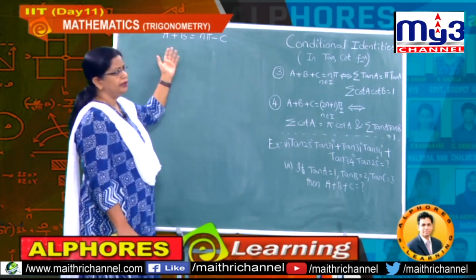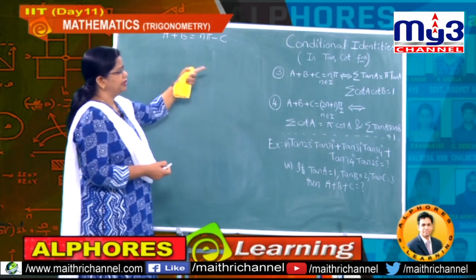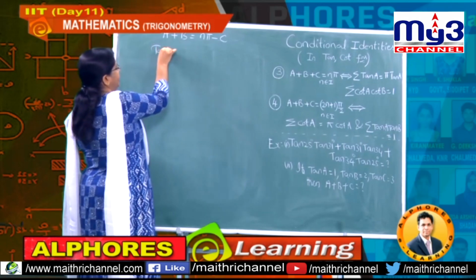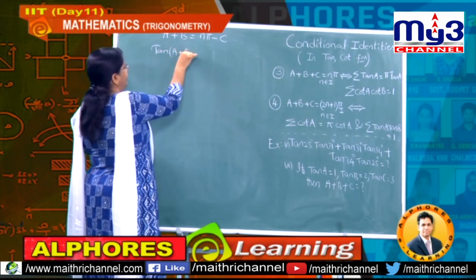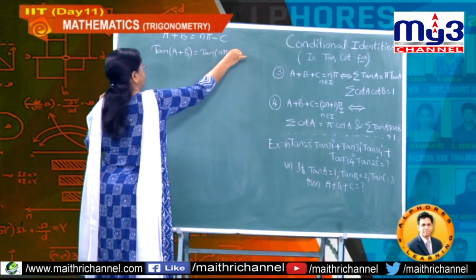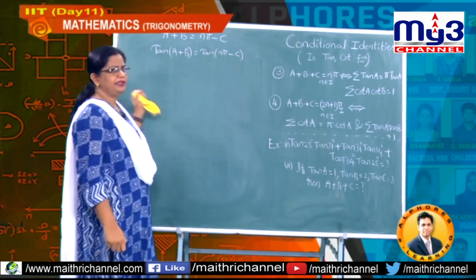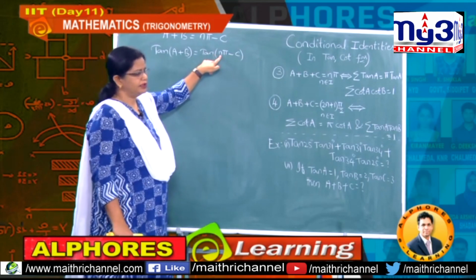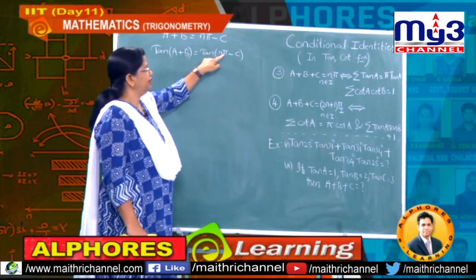A plus c equal to n pi minus b, or b plus c equal to n pi minus a. Now let us take the tan function here, because the required one is in tan. So tan of (a plus b) equals what is the value? Tan of (n pi minus c). N pi minus c means where is it located? It is not an even multiple, right? Here we are not telling odd multiple or even multiple.